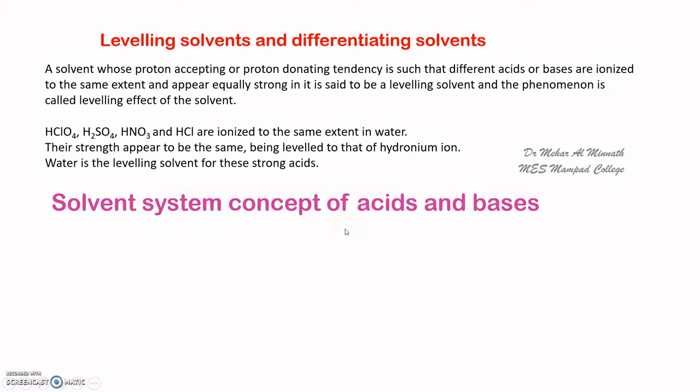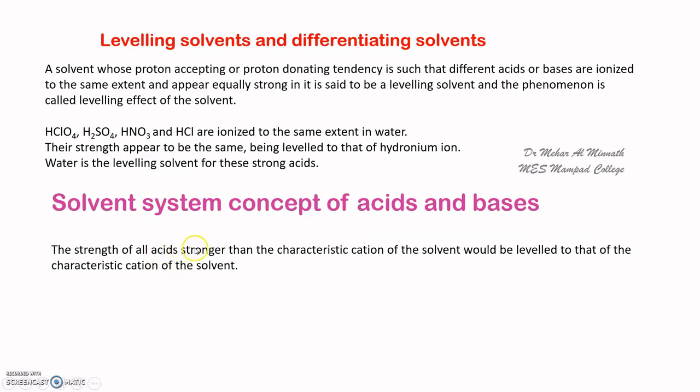Now what is this solvent system concept? The strength of all acids stronger than the characteristic cation of the solvent would be leveled to that of the cation of the solvent. What does that mean? That means you have a solvent, it has got an anion and a cation.